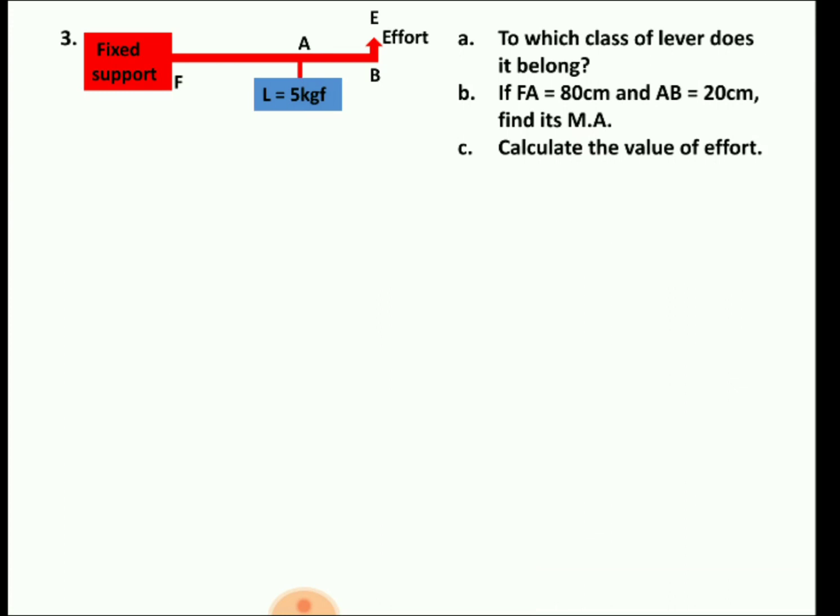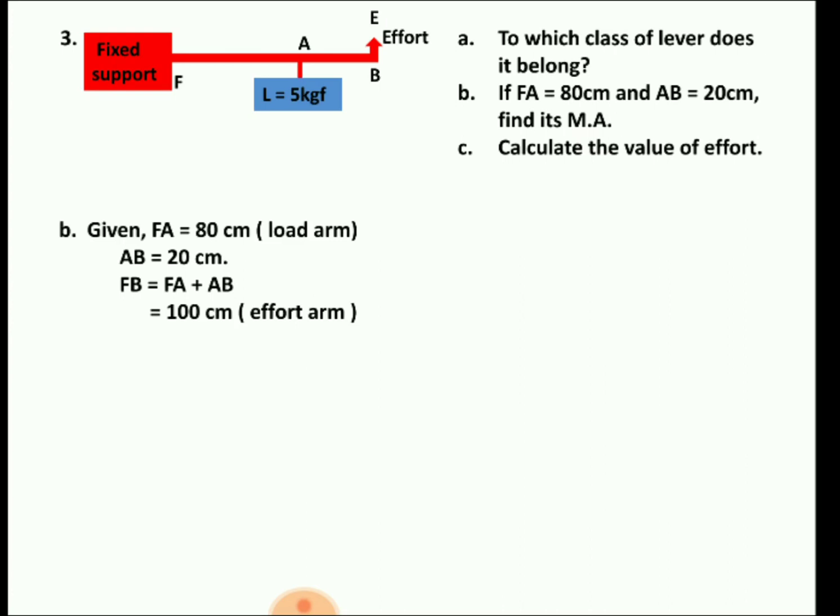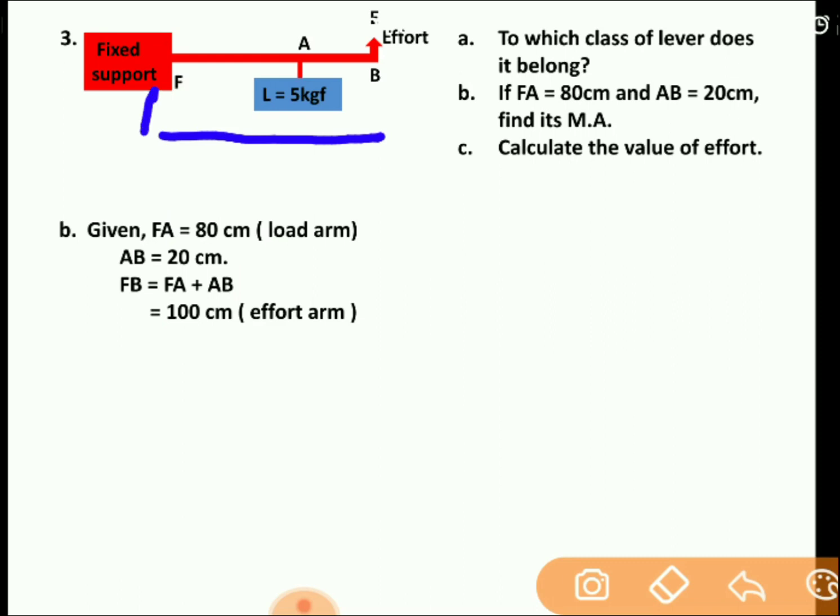Now let us go step by step. Given FA equals 80 centimeter, which means it is load arm. AB is 20 centimeter. Now what will be the value of FB? FB will become FA plus AB, which is 80 plus 20 equals 100 centimeter, which means it is the effort arm, because our effort is at B. We always measure from fulcrum.